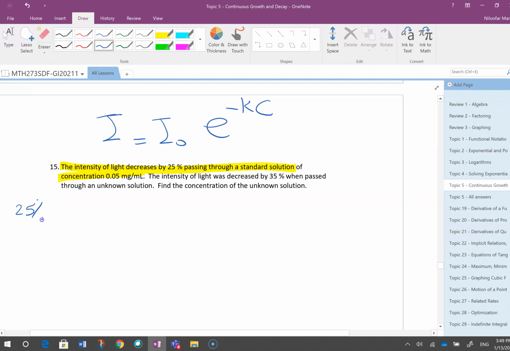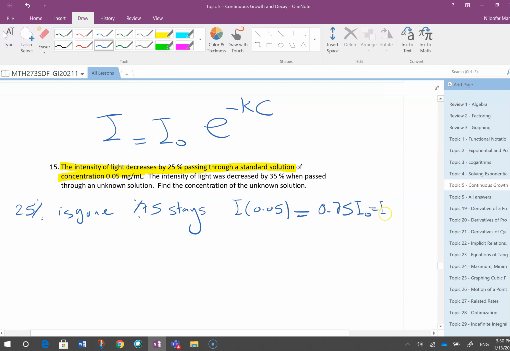So the intensity of light decreases by 25%, which means 25% is gone, and 75% stays, for concentration 0.05. For this concentration this happens. So I is 0.75 I0, which I can use.